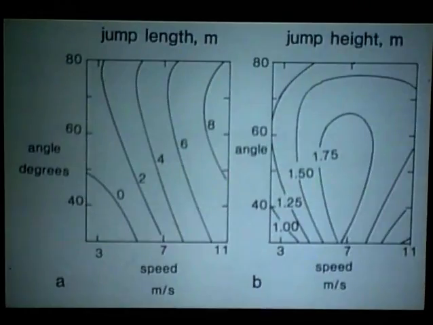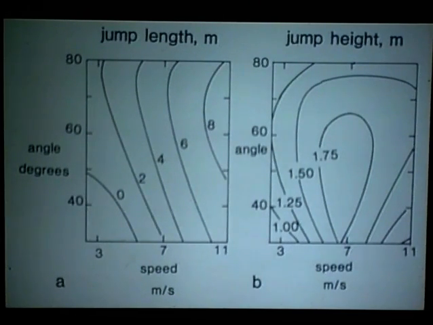But we'll also look at long jumping, and we'll use the horizontal distance that the center of mass travels before it hits the ground again. We'll use that as a rough estimate of the length of the jump. Let's put this into the computer.